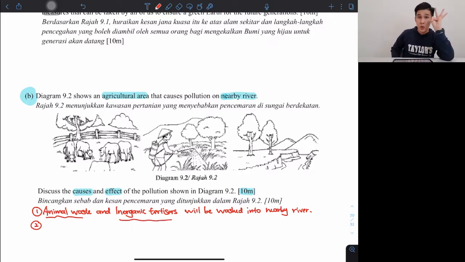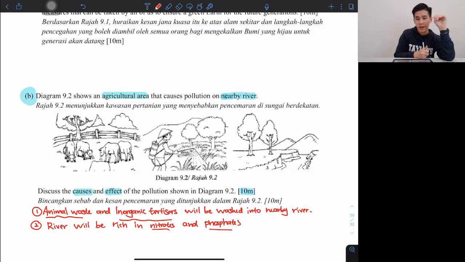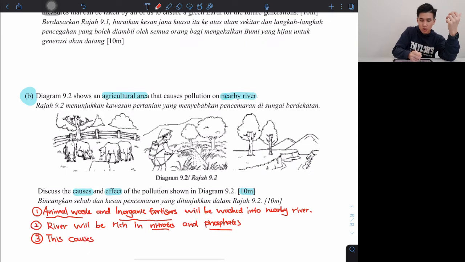Next is the pollutant. So I specify on the pollutant. We will say now your river will be rich in nitrates and phosphates. A lot of nitrates, phosphates, then mention the phenomenon, mention the problem. So we say this causes, or I can say this leads to, will be better, eutrophication.